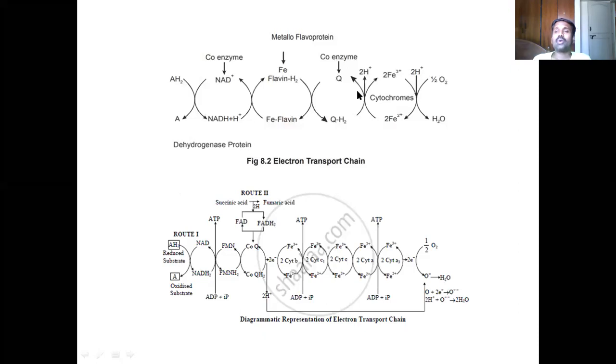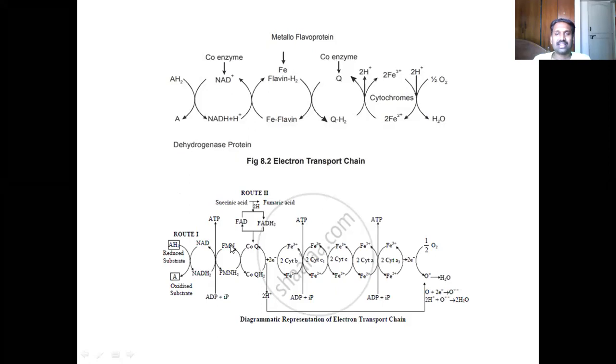My question is, there are many compounds here in the electron transport chain: FMN, coenzyme Q, cytochrome B, C1, CA3. Has any other compound got oxidized or reduced apart from NADH? FMN becomes FMNH2, yes, that should happen. But when FMNH2 releases electrons, it goes back to FMN.